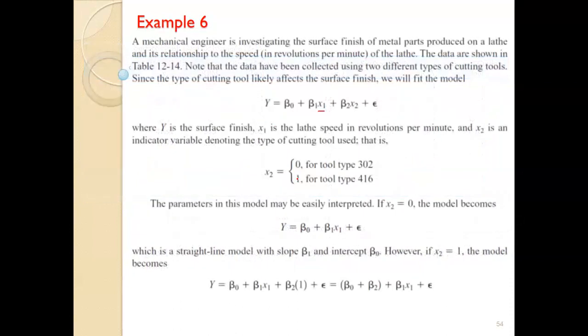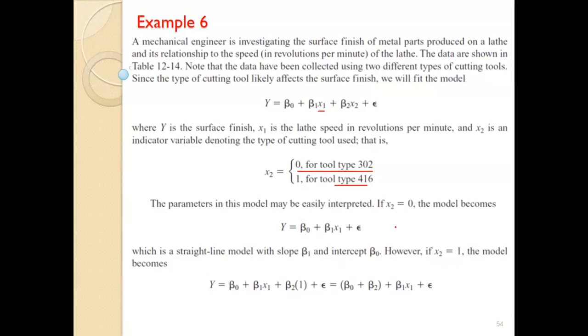X2 is for the type of tool. X2 equal to 0 is for 302, and X2 equal to 1 is for 416. X2 means the type of the tool, for that case.